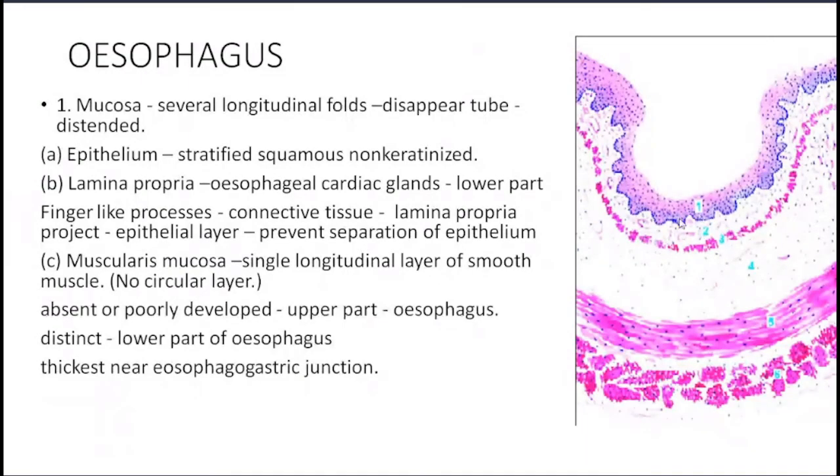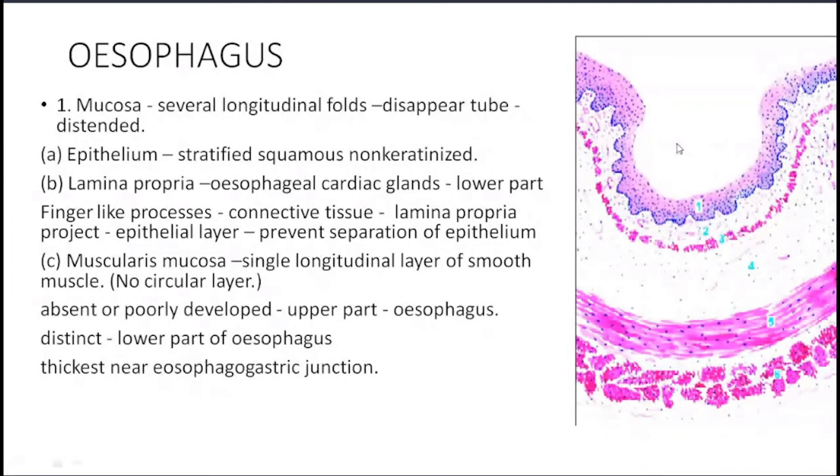Then the lamina propria. There are esophageal cardiac glands in the lower part of the esophagus. So the lamina propria consists of the esophageal glands.